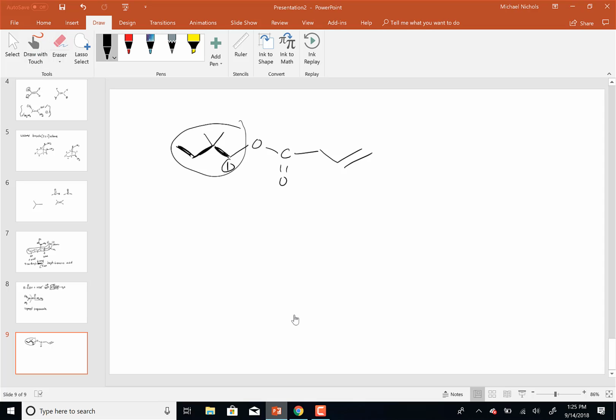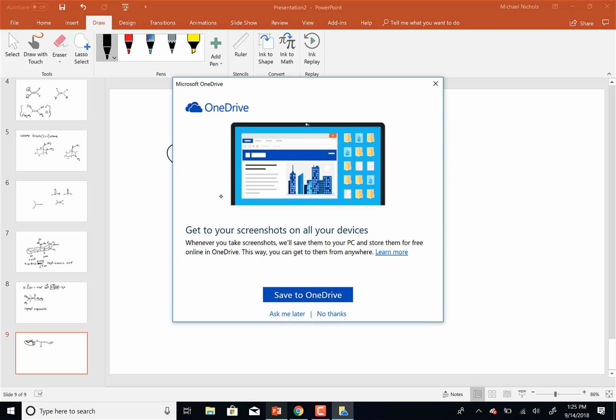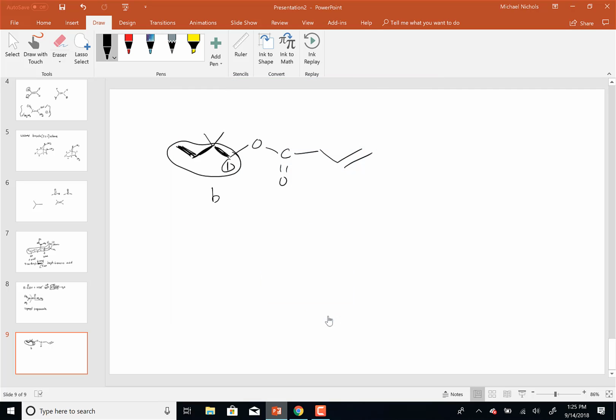There's my 4-carbon chain. That's a 4-carbon chain alkyl group, so what do I call it? Butyl. Good. Now I can number from the attachment carbon: 1, 2, 3, 4. This is a butyl.